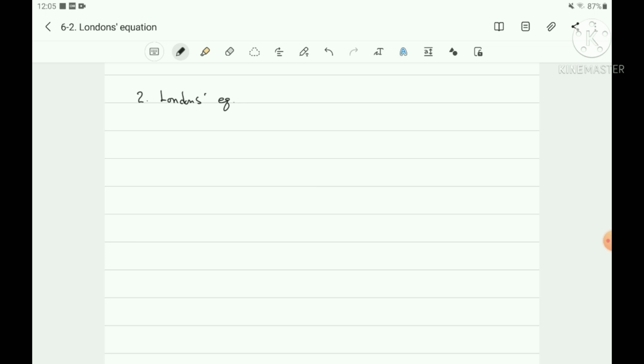Before the understanding of the London equation, let's consider what is the origin of the electrical resistance. And the simplest description is the Drude model. You know that there is a famous law. It is Ohm's law.